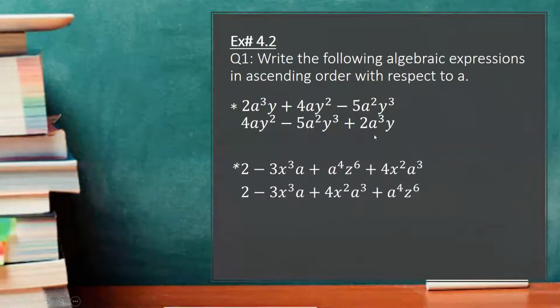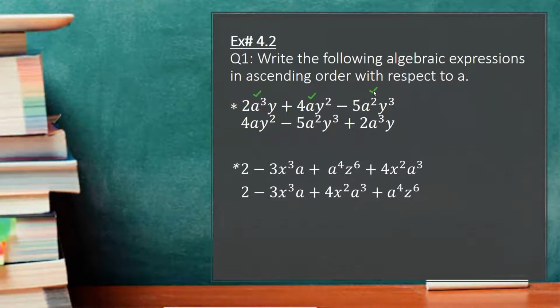Look at this example. Write the following algebraic expression in ascending order with respect to a. In this question, we have 2a cube y plus 4ay square plus 5a square y cube. But we have to check the variable a, and according to a, we find the ascending order. Here a power 3, here a power 1, here a power 2.